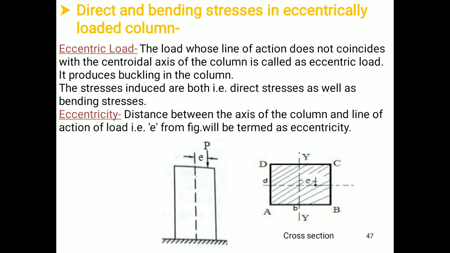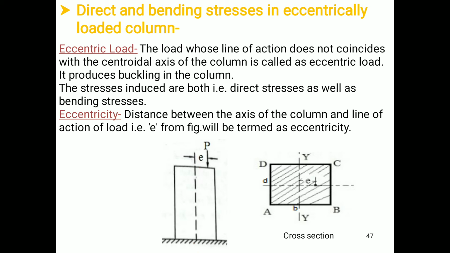From this figure we can observe that the line of action of this P is not coinciding with the centroidal axis of the column. Therefore it is known as an eccentric load.